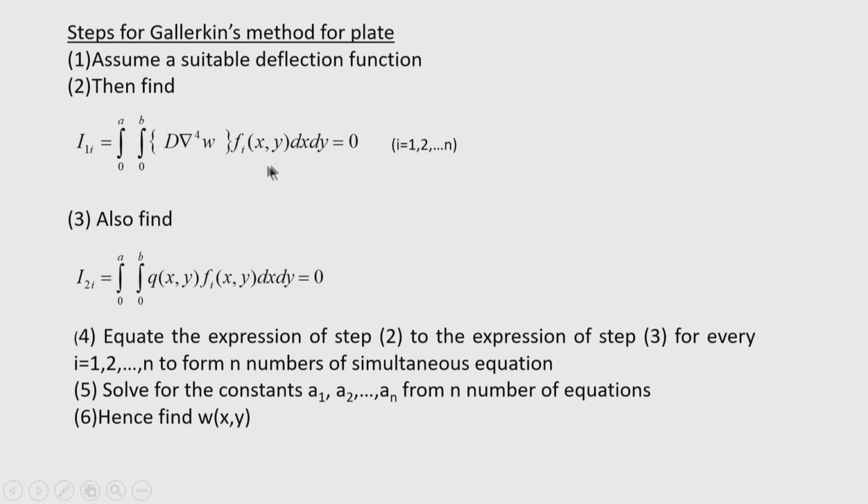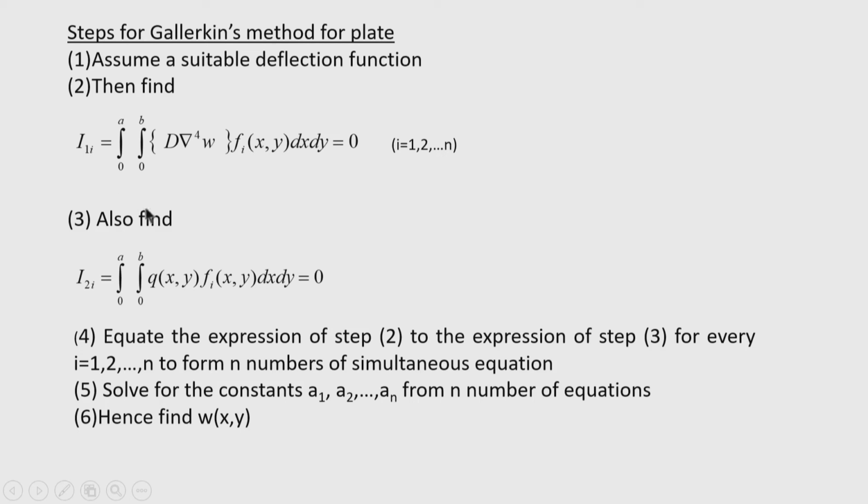In this function only the function that is used to compose the deflected surface has to be used, and of course, here in place of w we use the full expression of the deflected surface. Then this integral is calculated and it is denoted as I i, capital I, small i, and this small i varies from 1 to n, that is the number of terms that we have taken in the deflected surface.